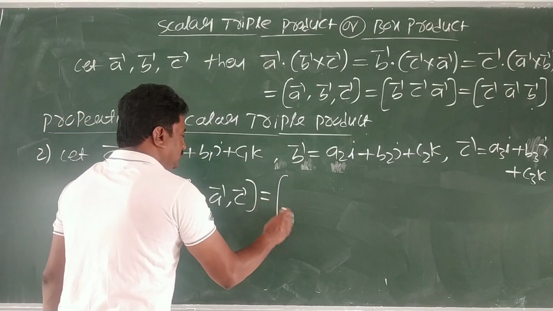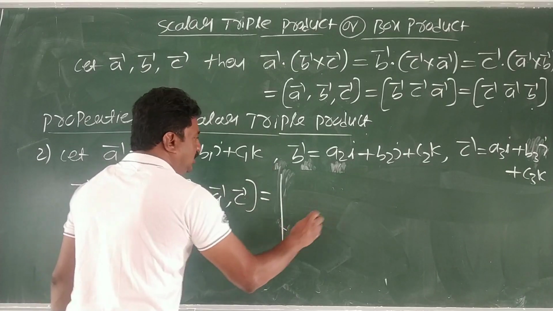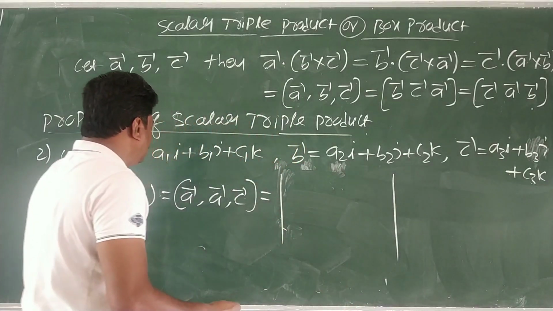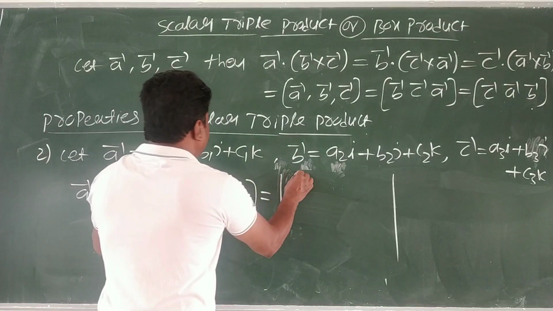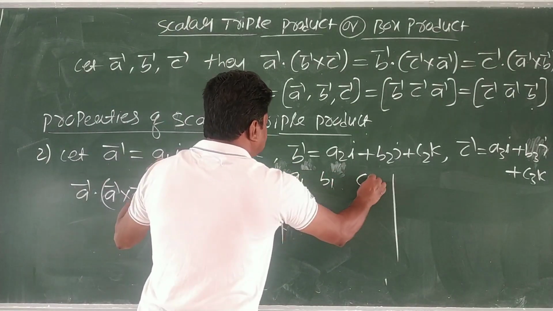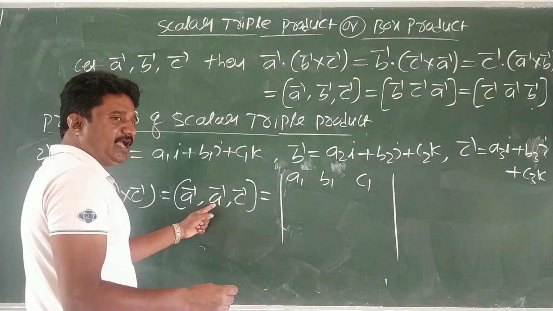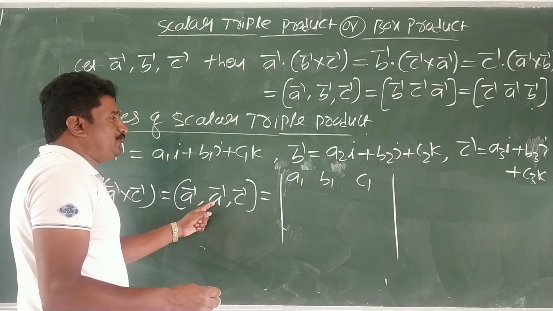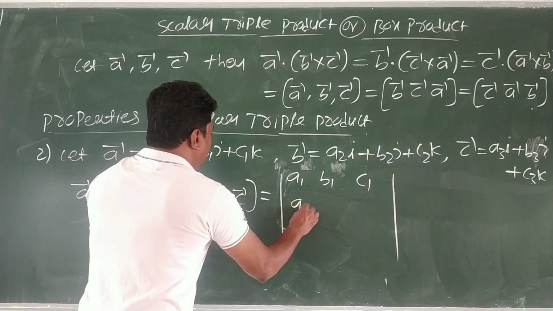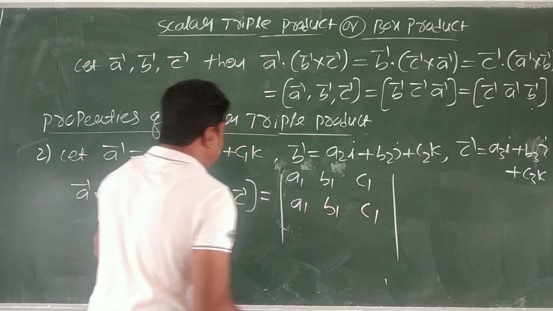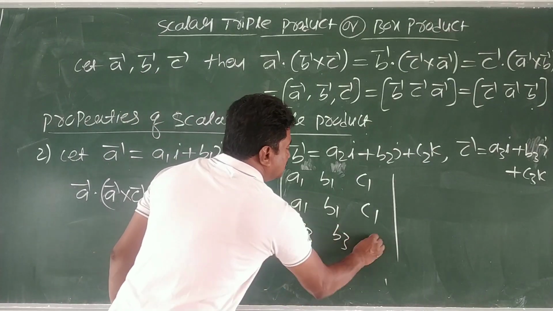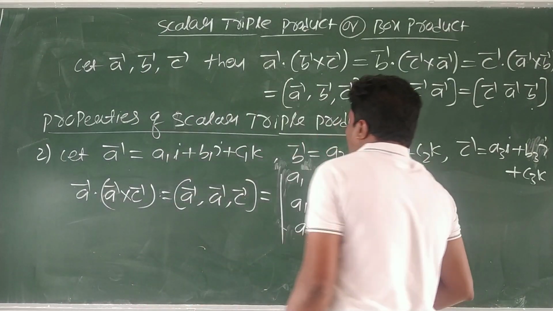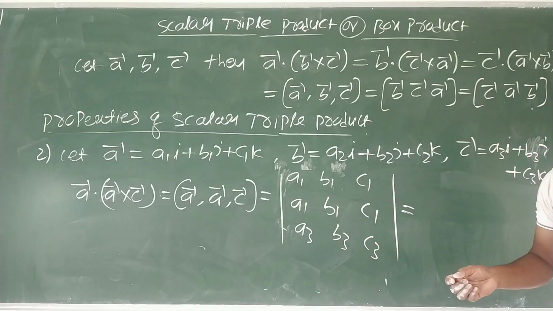Right. So write the determinant. Tell me the components of vector A: A1, B1, C1. Components of vector A again: A1, B1, C1. Components of vector C: A3, B3, C3. Tell me the value of this, students.